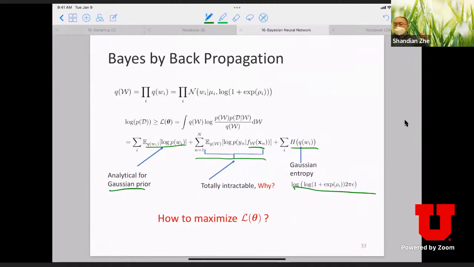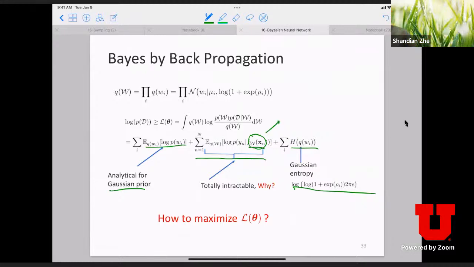of Yn if the input is Xn. And remember this prediction, or this output of the neural network, is essentially a very complicated function of W and Xn. So if you take the expectation outside, it doesn't have any closed form. You don't know how to take that. Does it make sense?